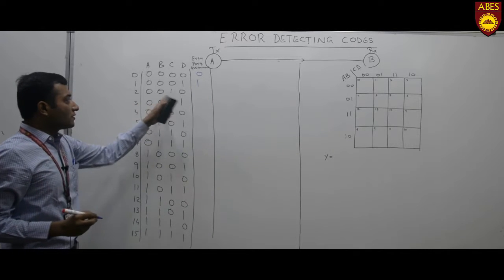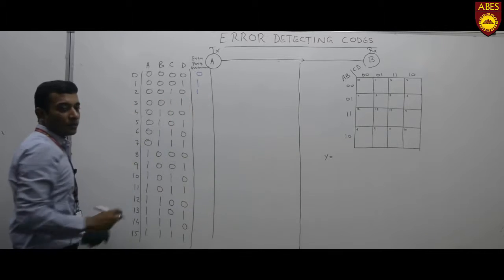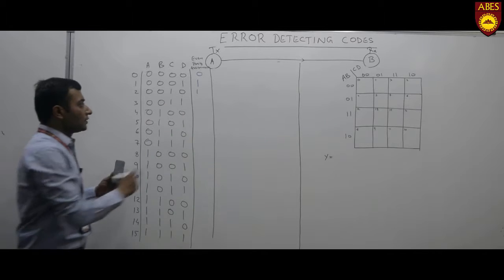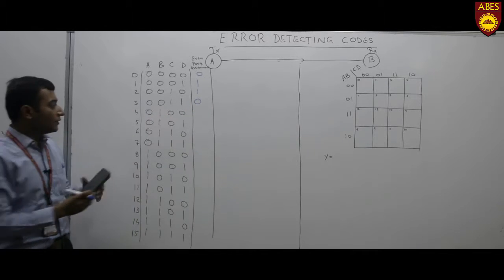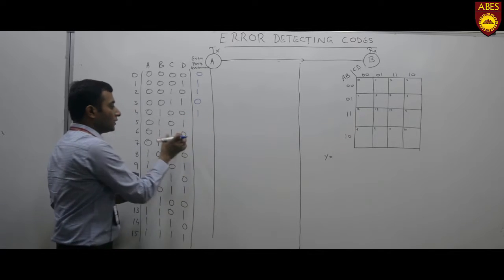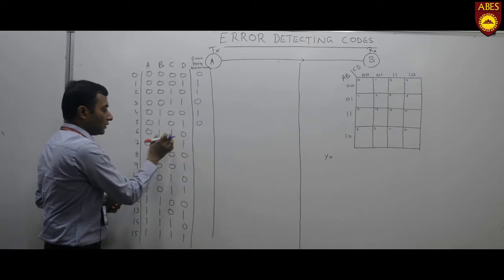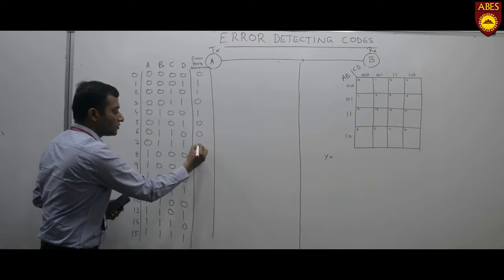In the second case, 0010, we have to assign 1 because there was an odd number of ones. Here the number of ones is even, so we are assigning 0. Here the number of ones is odd, we are assigning 1. The number of ones is even, we are assigning 0, and so on.